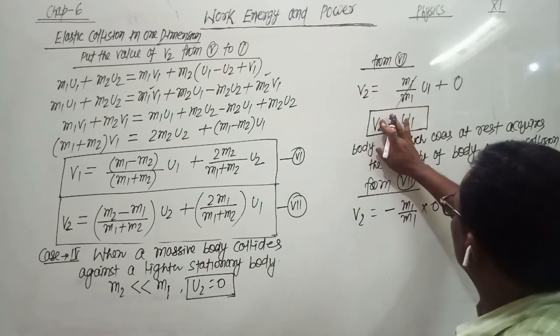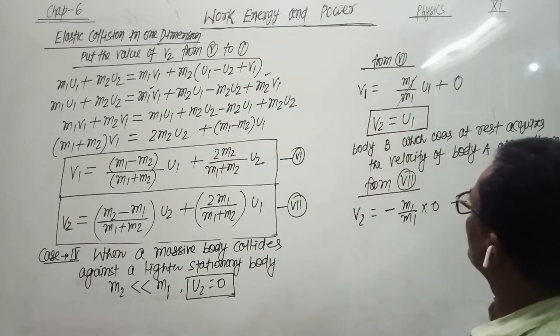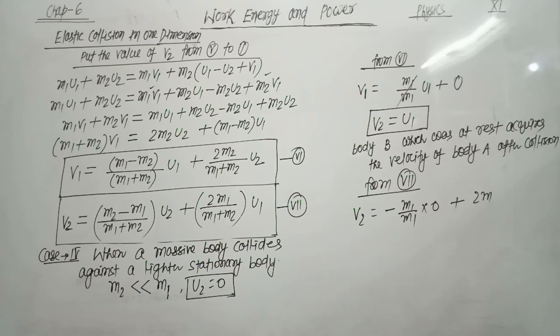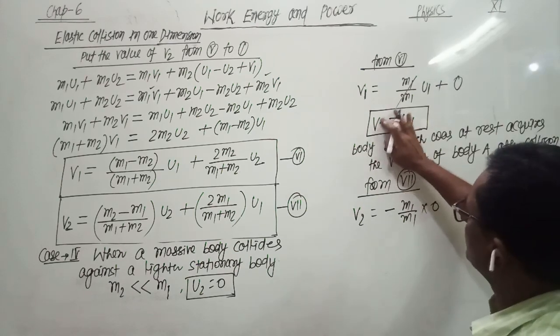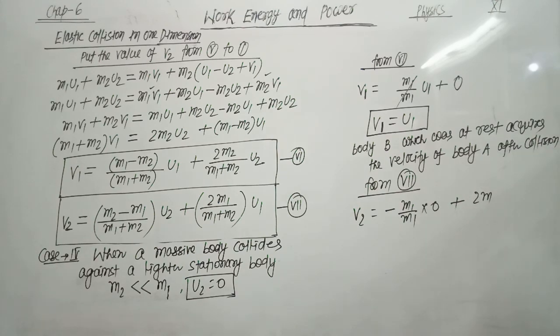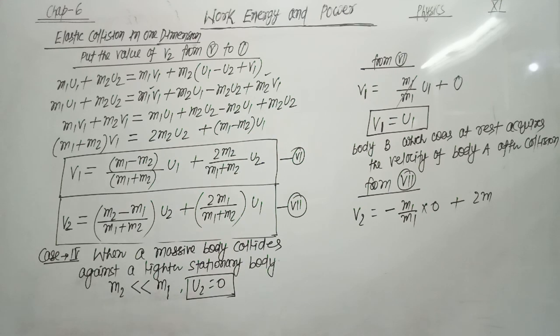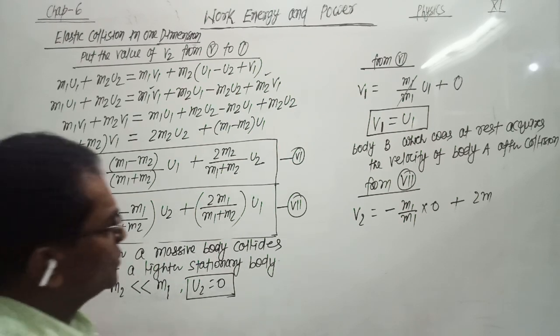This was the expression for V1 when the body collides against a light body, U2 was equal to 0.